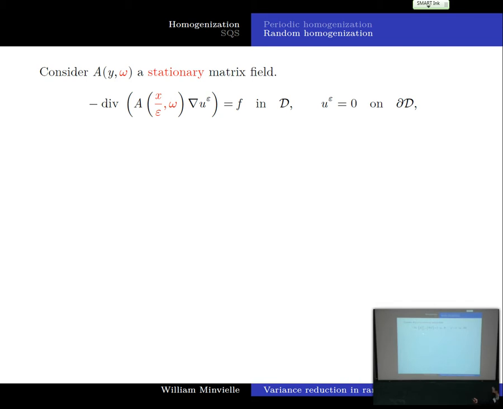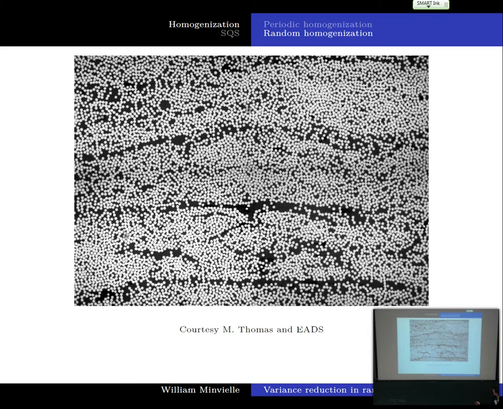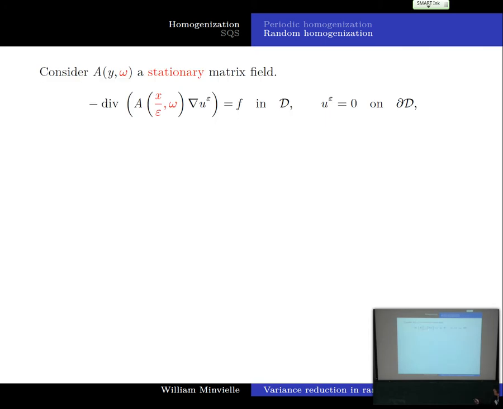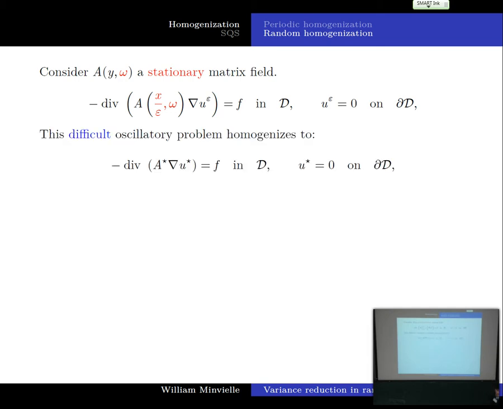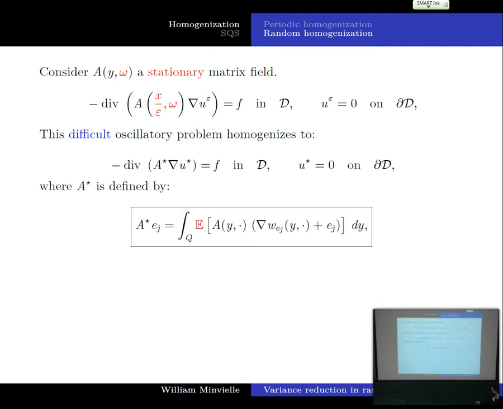It's a bit complicated, but let's say that this material corresponds to one realization of some otherwise much more general random field. So same equation, same compactness result. But now for A star, there is still a formula because I have some structure. There is still a formula which involves an expectation. So far so good.